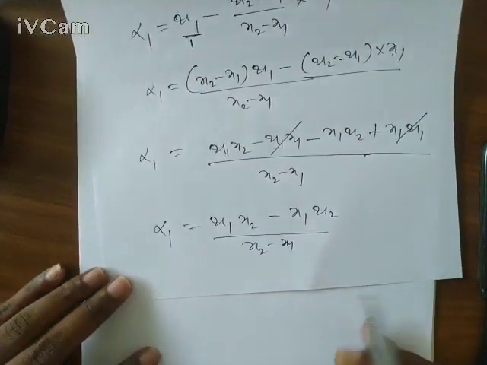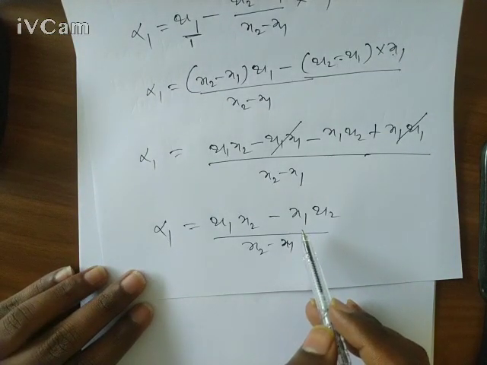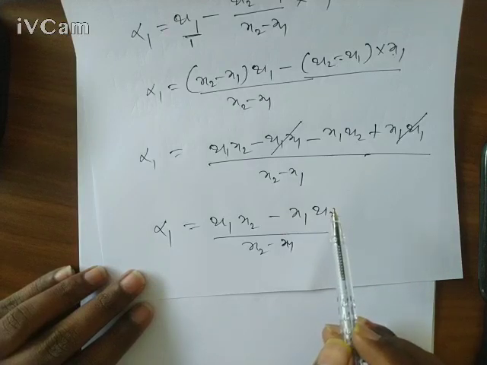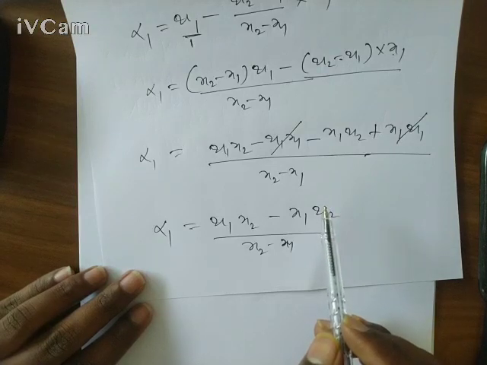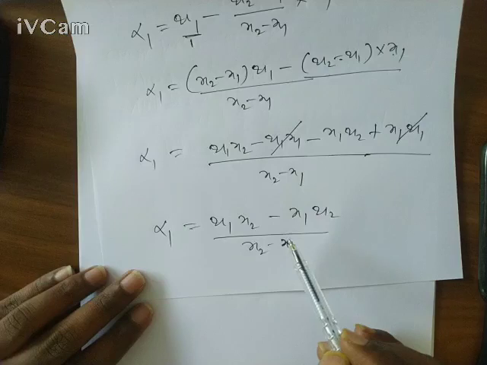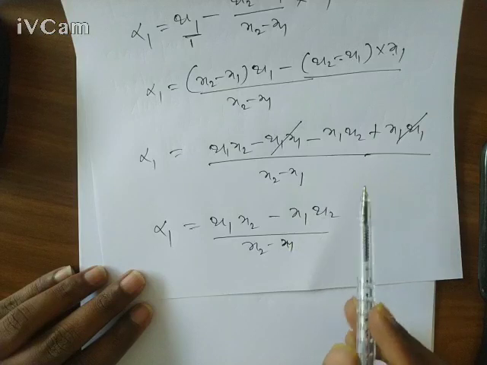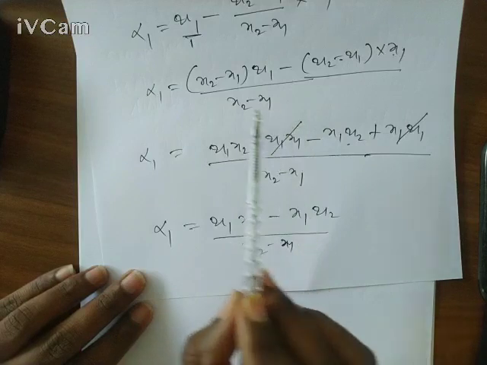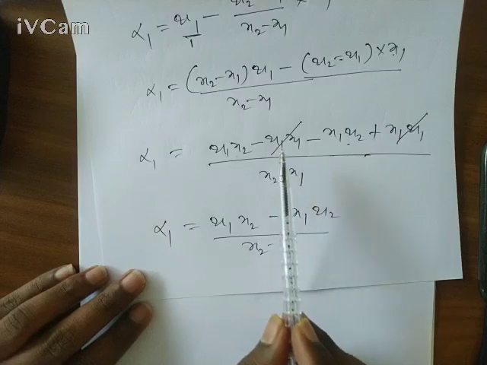Just a minute friends. So x2 u1 minus u1 x1, it is correct.